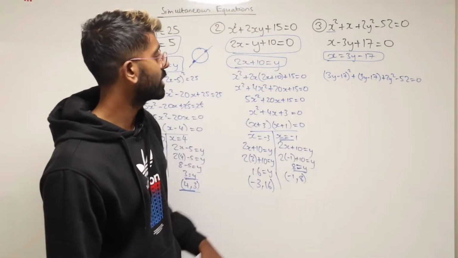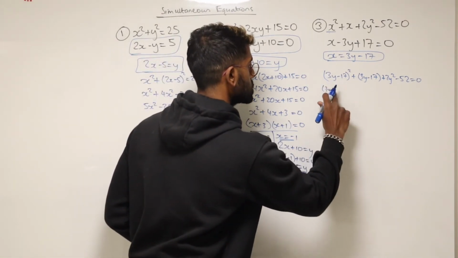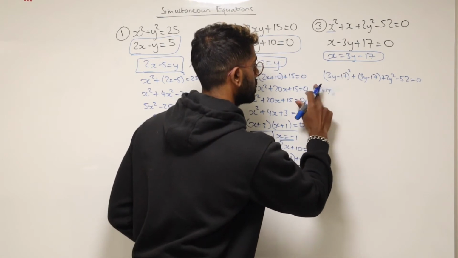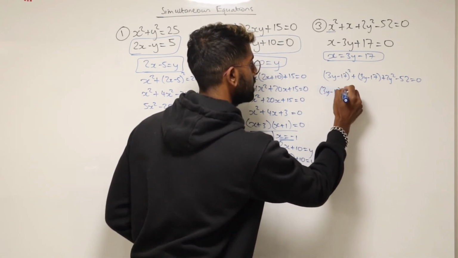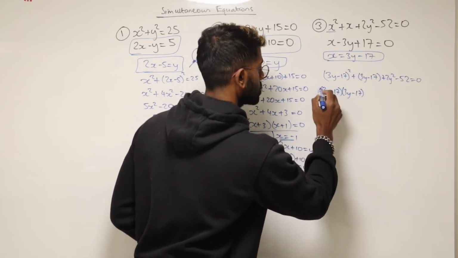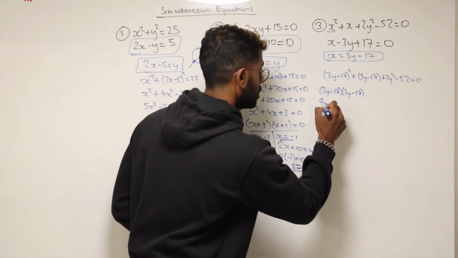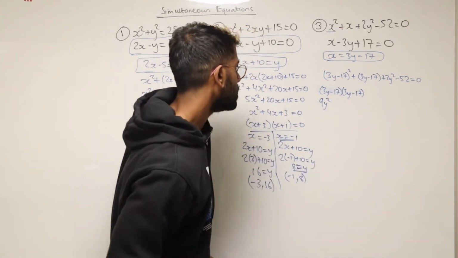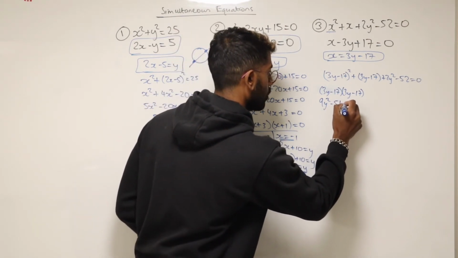Okay, now to square this bracket out here. So that's going to be 3y minus 17 and then another 3y minus 17. So I just want to go and expand this first just for this bit here. So that's going to be 9y squared. 3y times minus 17, that's minus 51y.